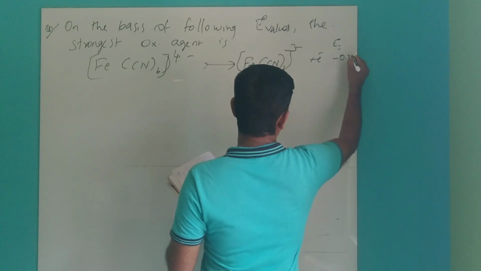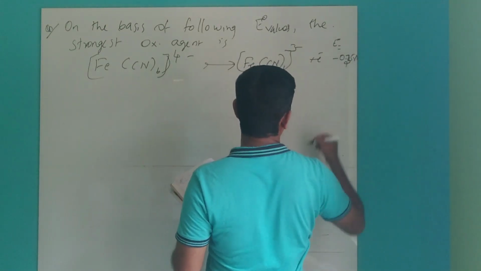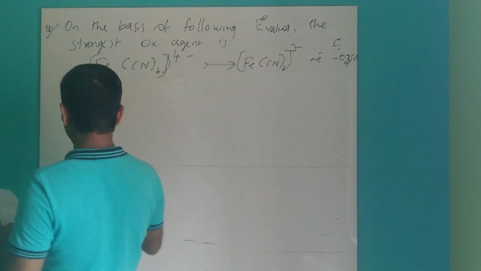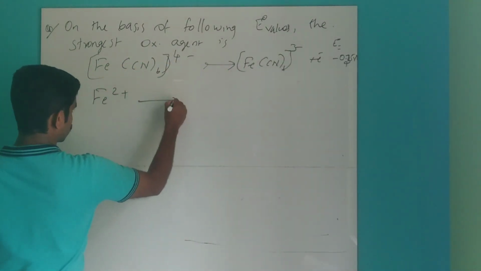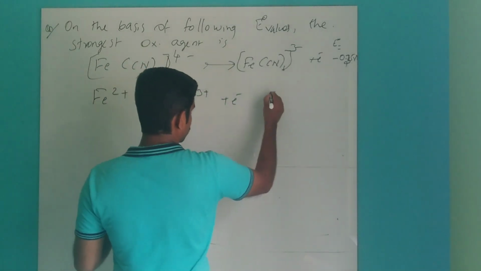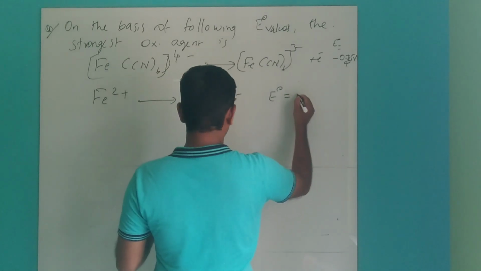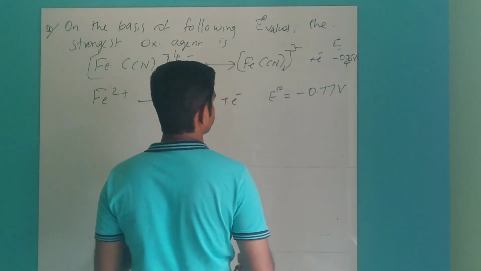minus 0.35 volt. Second equation, Fe2+ gives Fe3+ plus an electron, and the E0 value is equal to minus 0.77 volt.